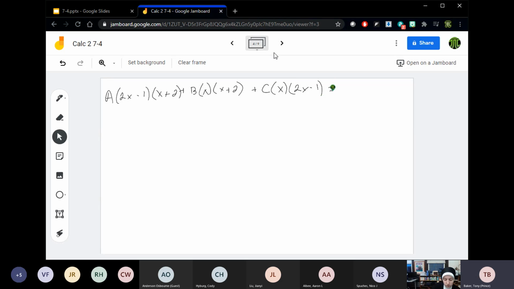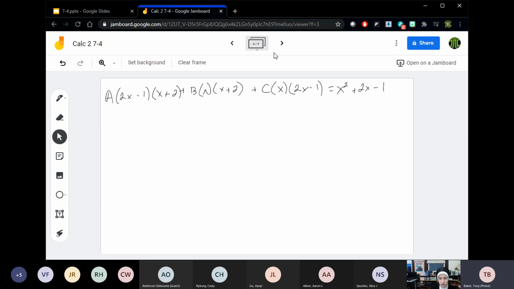And that has to equal the top, so it has to equal x squared plus 2x minus 1. Another method is picking values for x that are going to cancel everything out for me. If I pick a value for x that cancels a bunch of stuff out, I can then solve for the letter that's left.